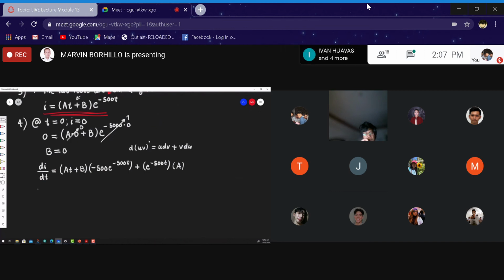So, they substitute the boundary conditions at t is equals to 0, di over dt is equals to 100.